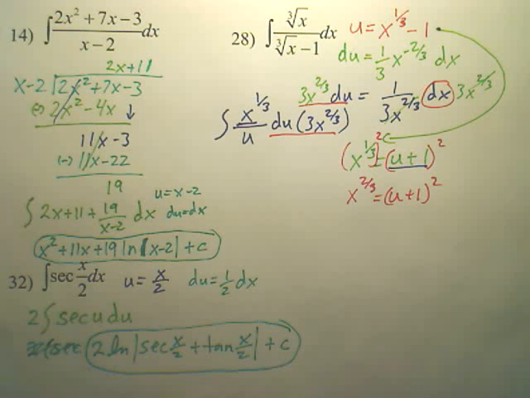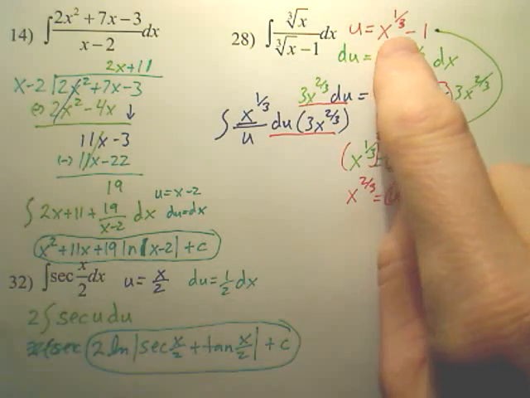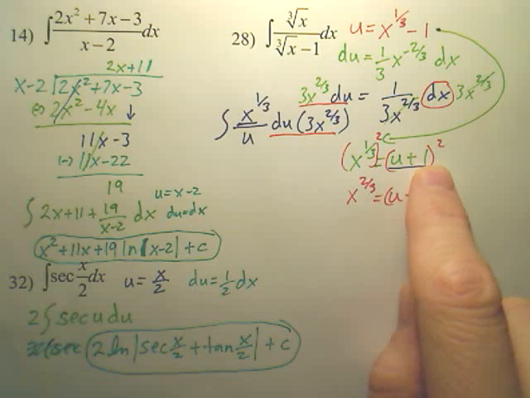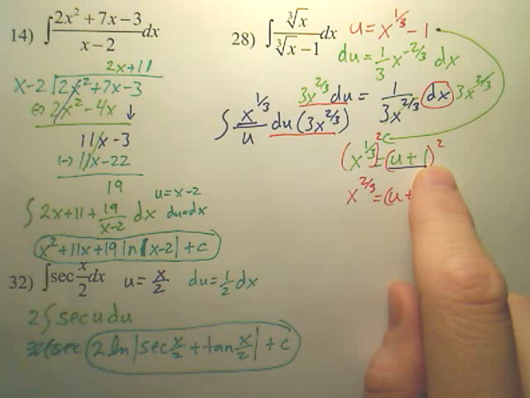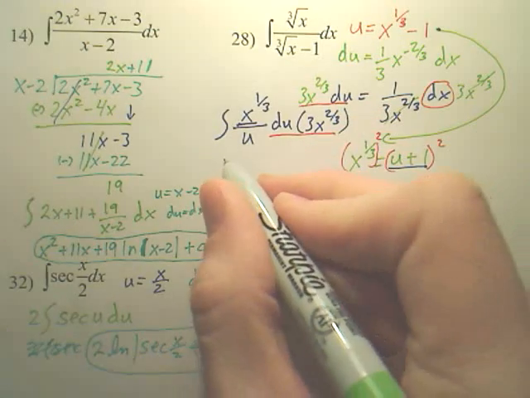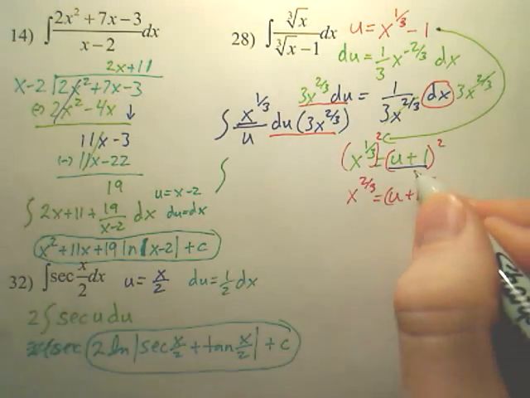All right. Now, if you were to try to cube both sides, then you have u plus 1 cubed, replacing x, which you could also mess with. Anyways, let's go from here. So when we do all this, we now have the integral.